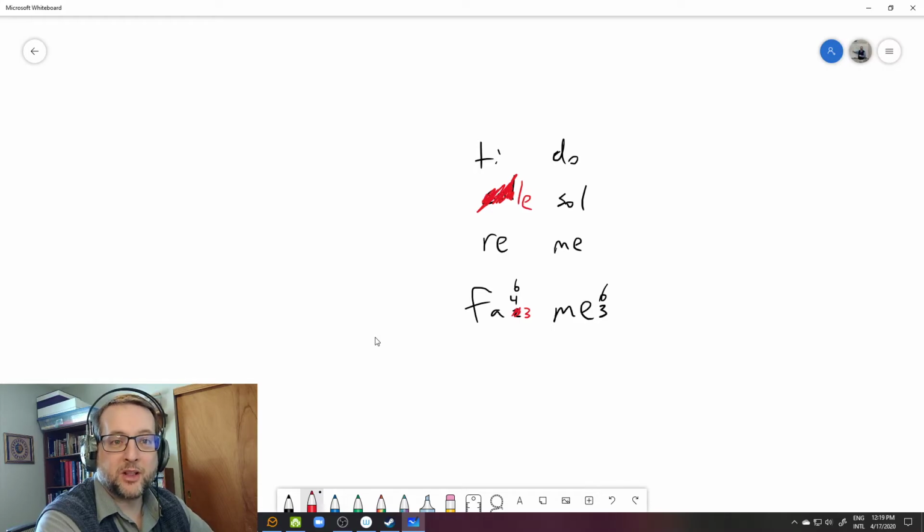Usually we expect a 6-4-3 resolving down to sol 5-3. This 6-4-3, because it's a sol lay swap, and we can recognize it because it's got that diminished seventh, all tritones, all minor thirds in it, is behaving as a substitute for the 6-4-2. It's just a substitute. All of these are substitutes for our usual rule of the octave chords. And then just resolving down to the me.